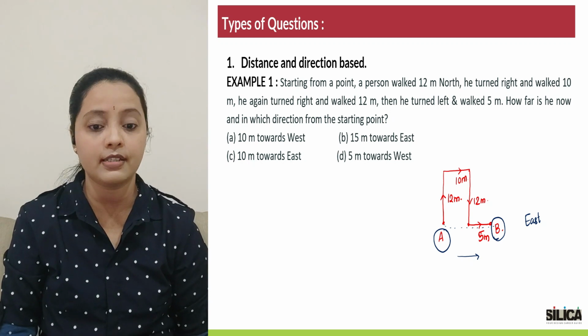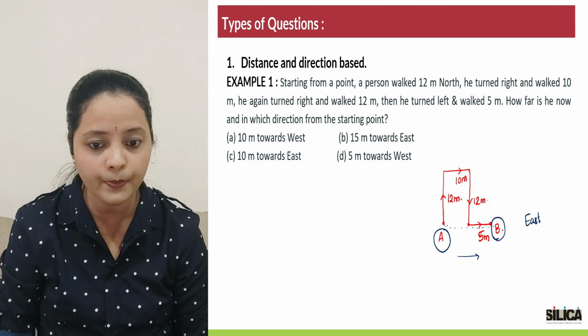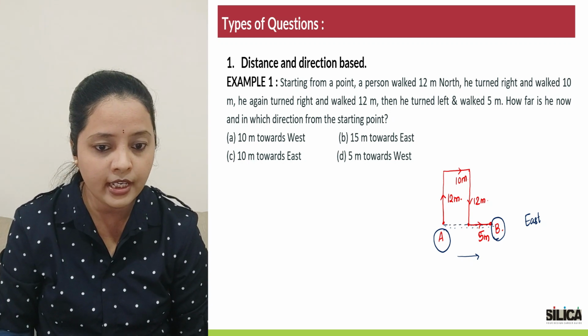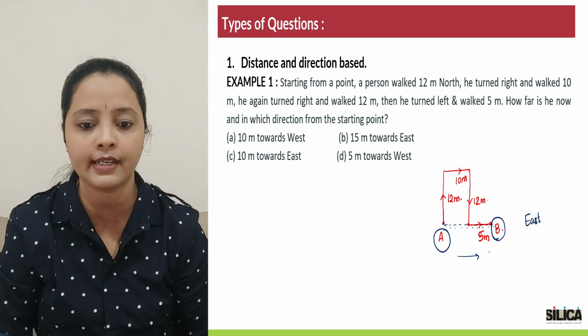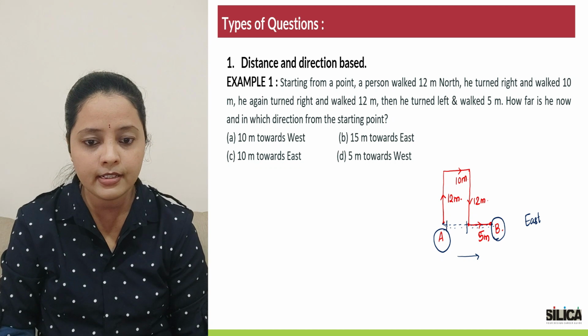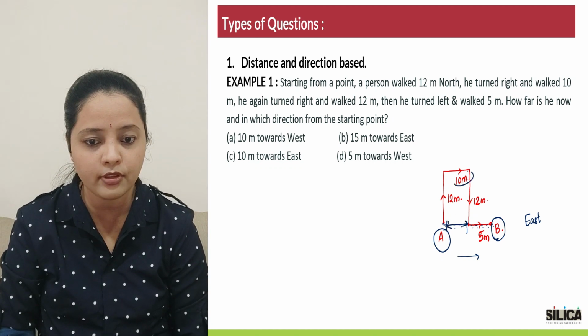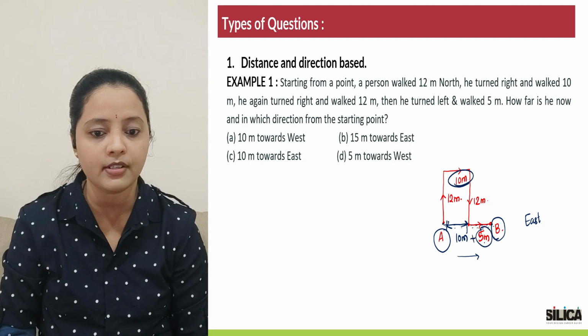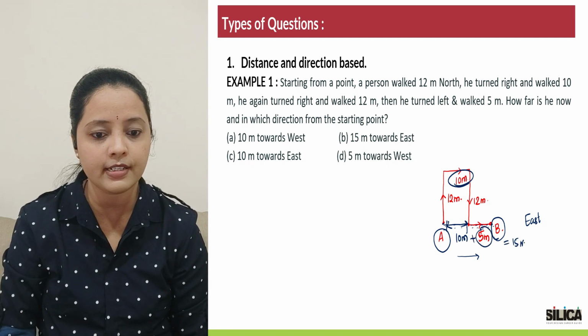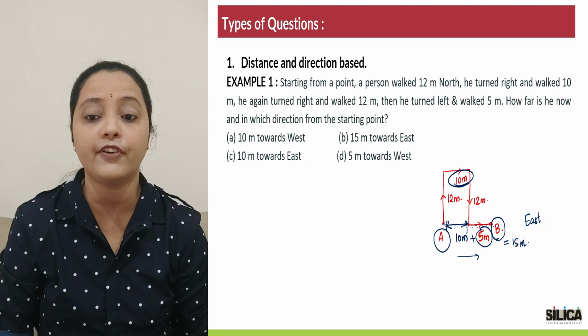Now coming to the distance part, do I have to draw a right angle triangle here? No, not necessary, because both the points are in a straight line. So what is the distance? It's actually the horizontal distance that you see on the top, that is 10 meters, and this 5 meters. So 10 plus 5, what is the distance that I'm having? The distance is 15 meters.